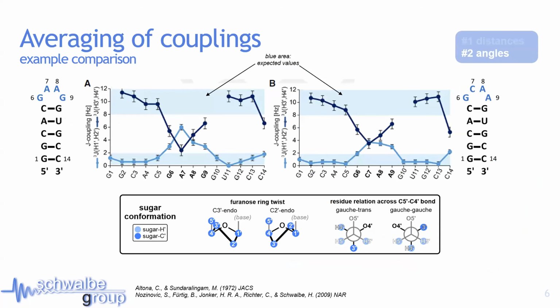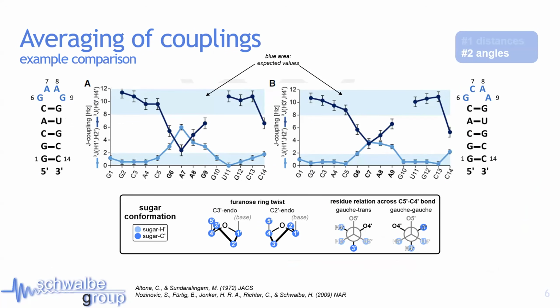Averaging can happen not only in NOEs, but also in couplings. The example I give you here is for the pseudo-rotation phase of the sugar moiety. Mostly we have the C3' endo conformation that we find in the stem regions, and often we have the C2' endo conformations for loops and bulges. Whenever we need to elongate the structure, this is one of the ways the RNA can do this.